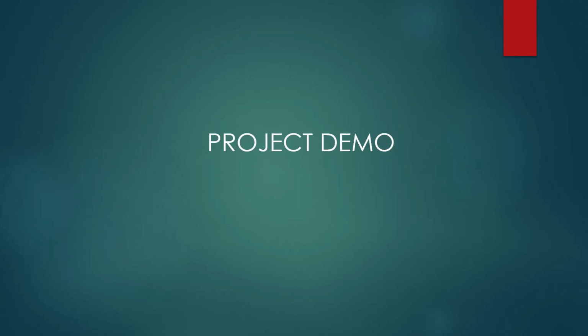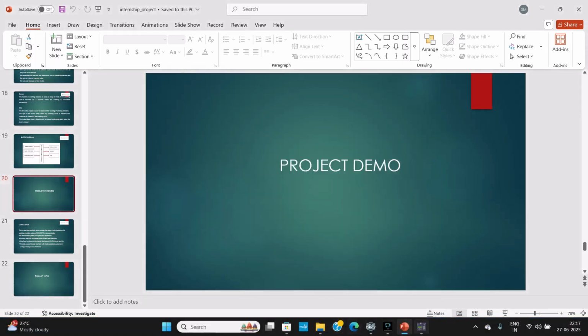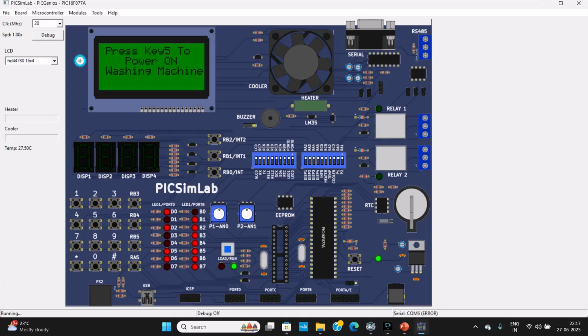Next we can go through the demonstration of the project. First we have to turn on PICsimLab and load the hex file. The hex file is created in MPLAB X IDE.